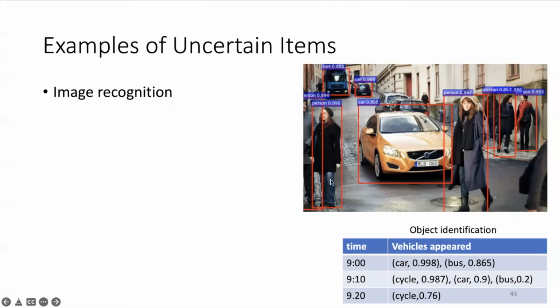In this figure, the instance segmentation algorithm, say for instance, ResNet, has identified each person with some probability, and person, car, and buses with some probabilities. So once we have this kind of information, then we call it uncertain items.